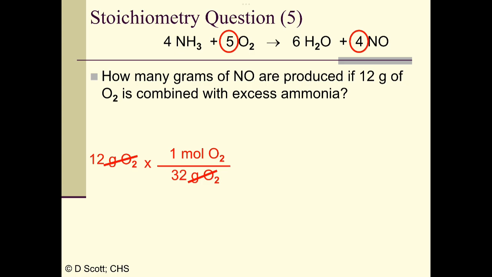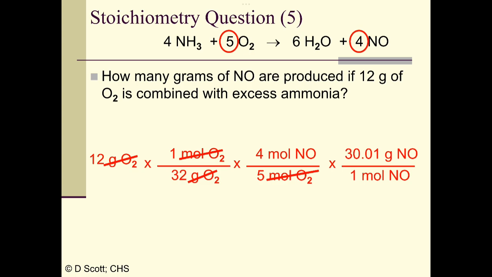Right after that, we'll proceed again with what we just did in our previous examples. So you're going to write here 4 moles of nitrogen oxide over 5 moles of O2. So we cancel out the unit of moles of O2. And then right after that, we get the molar mass of nitrogen oxide.